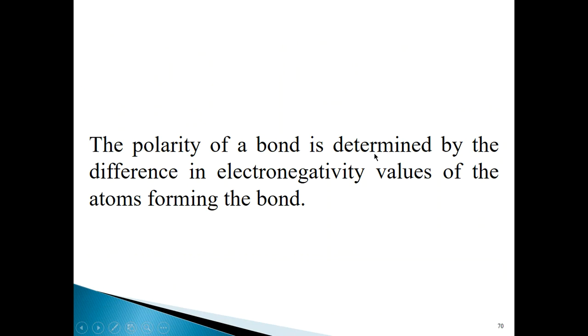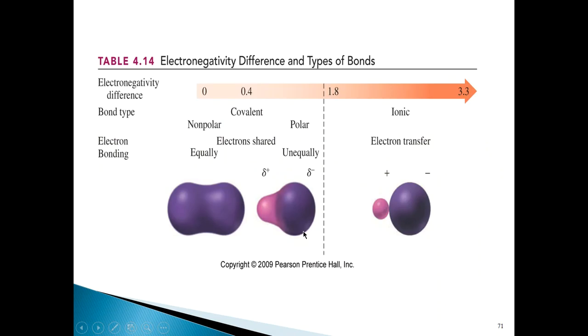And the polarity of a bond, right, is based on the difference in electronegativities that we saw before, right? So this is a general rule of thumb kind of information here, which shows you how to classify bonds into the category of either ionic, polar covalent, or nonpolar covalent. So what you'll find is that if the difference in electronegativity value between the two atoms involved in a bond lies somewhere between 0.0 and 0.4, then we tend to consider those bonds to be nonpolar covalent.